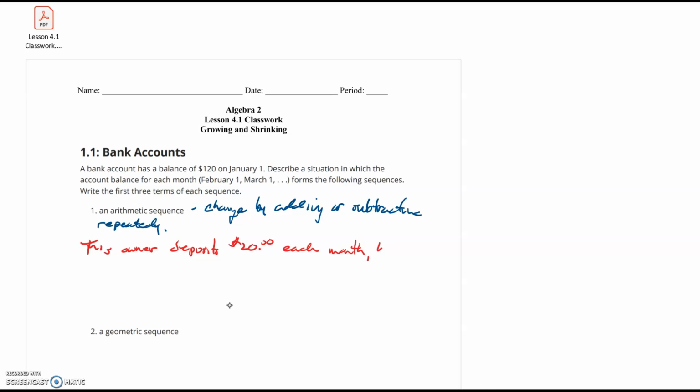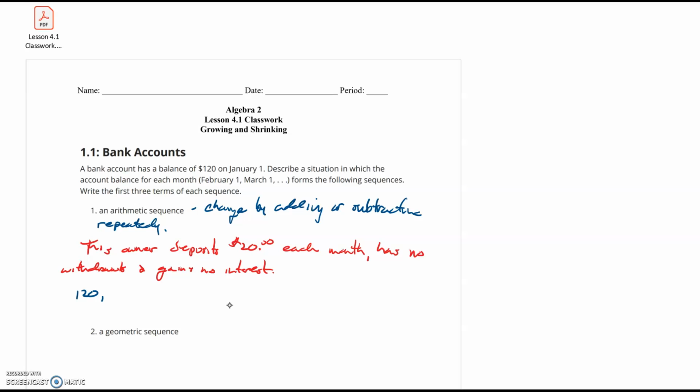This owner also has no withdrawals and gains no interest. So this would be an example of an arithmetic sequence, and we would start with the 120, right, $120.